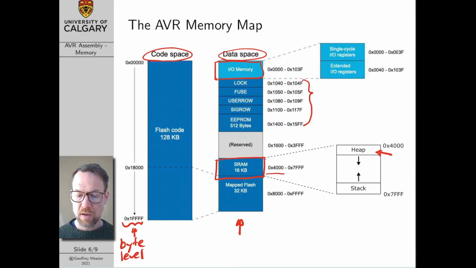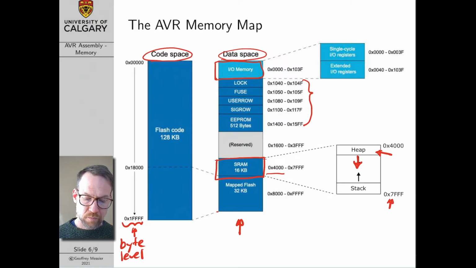And as we use more and more data memory with more and more variables, we will allocate space going upwards in data memory, going to higher addresses. And our stack memory is here at the other end of our data memory space, and it starts at address 7FFF and then grows in the other direction. It grows down in address space. But again, don't worry too much about the stack for now.